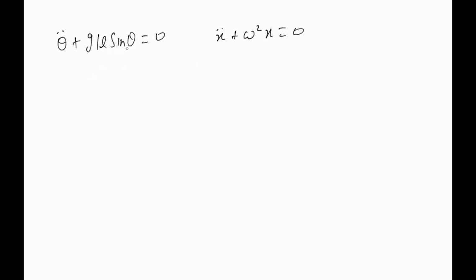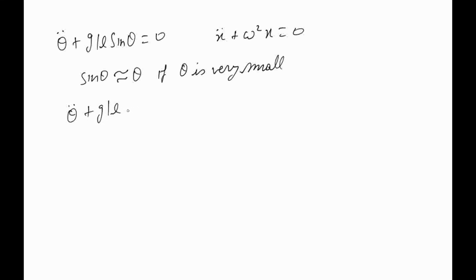But sine theta can be written as theta, or is almost close to theta, if theta is very small, and theta is being measured in radians. So this is an important point.